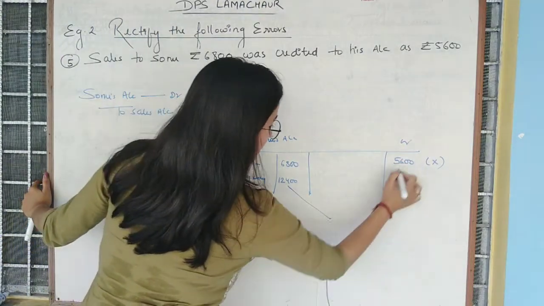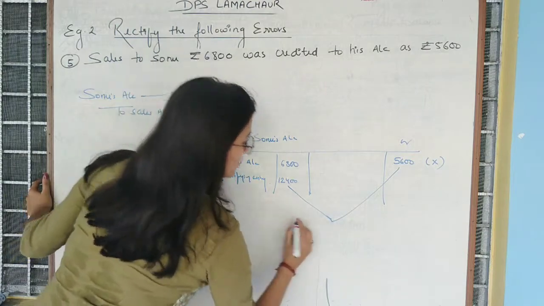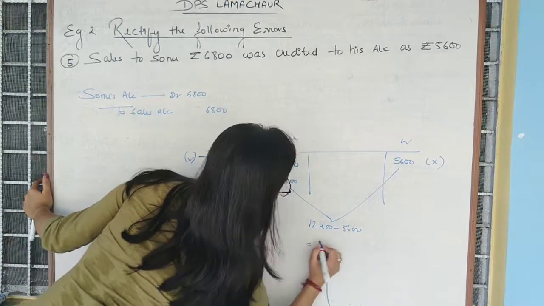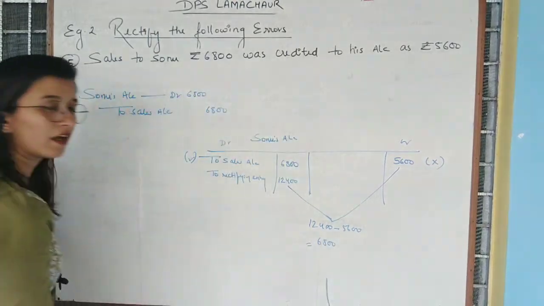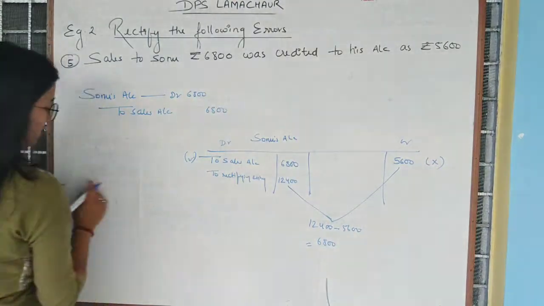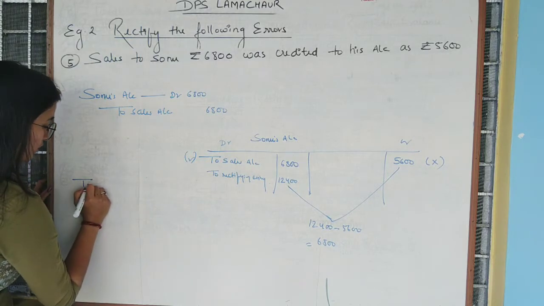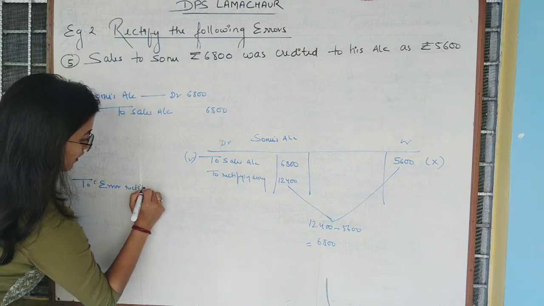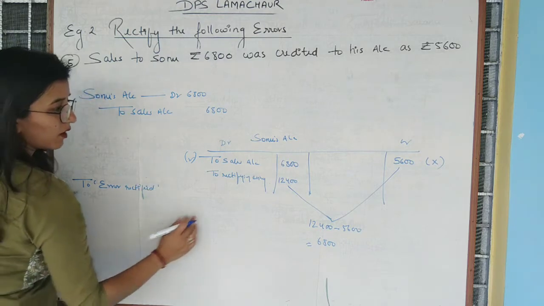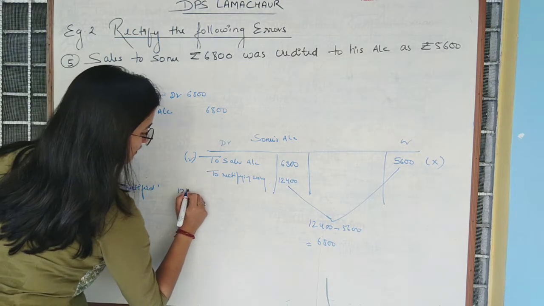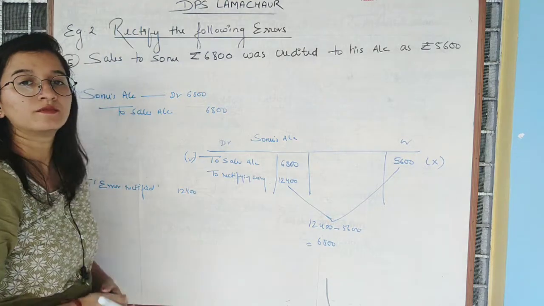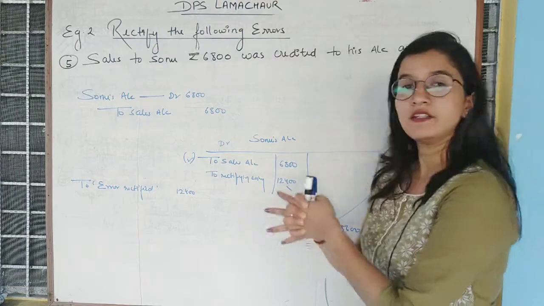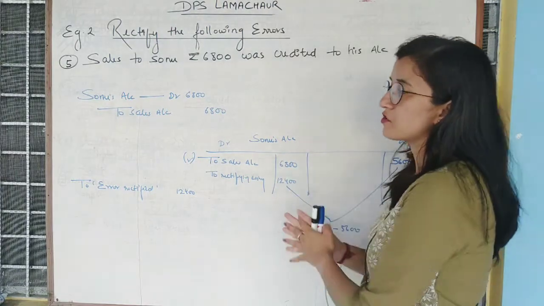Now, the net effect of both this amount is 12,400 minus 5600 will be 6800. So the answer will be error rectified, and the amount will be 12,400. So in this session we have learned how to rectify the errors relating to such transactions.